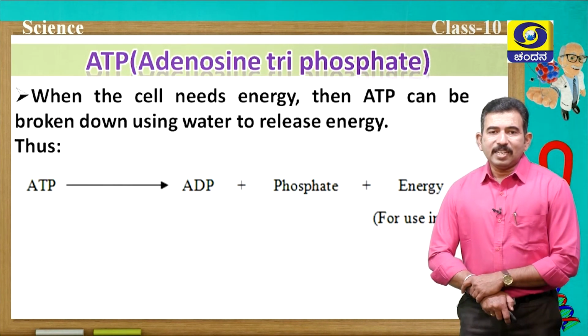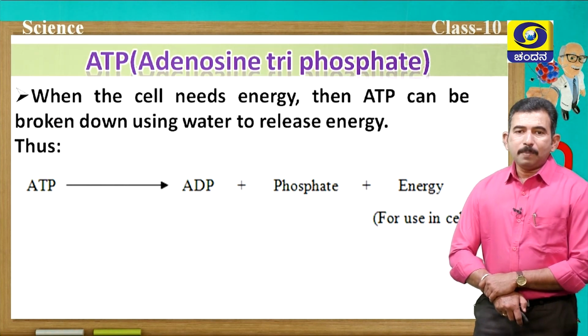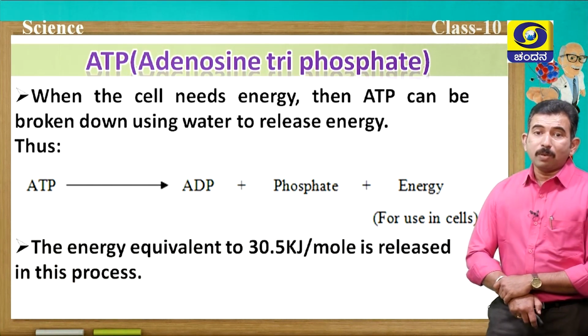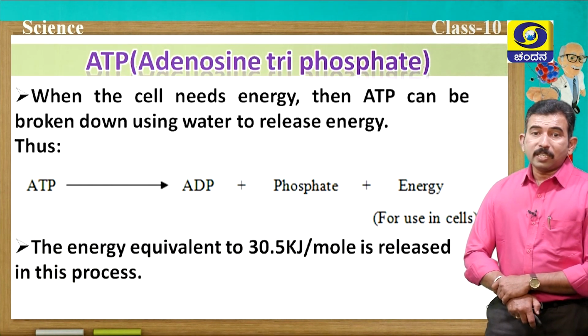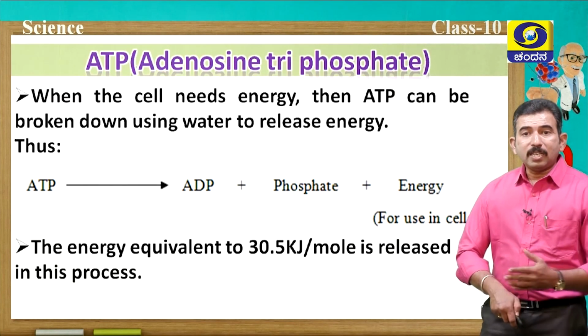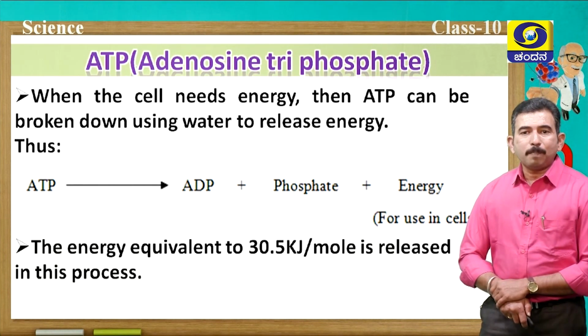You can see here ATP broken down to produce ADP and a phosphate molecule, and a large amount of energy will be released. This energy is equivalent to 30.5 kilojoules per mole, and organisms use it to carry out different types of life processes.